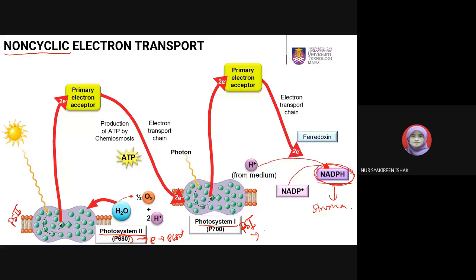P700, dalam bentuk oxidized, receive elektron daripada photosystem 2, so dia akan jadi P700. So absorb energy balik photon, kan, so dia akan excite and release dia punya electrons, sampailah dia akan hasilkan NADPH, okay.